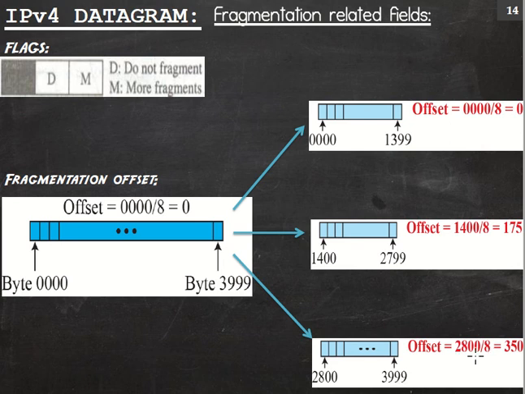Dividing that first data, 2800 by 8, you get 350. So this is the offset. This is how we calculate the offset of a fragmentation. Based on the number of fragments required, divide the data into fragments and divide the first data of each by 8, and you get the offset address.